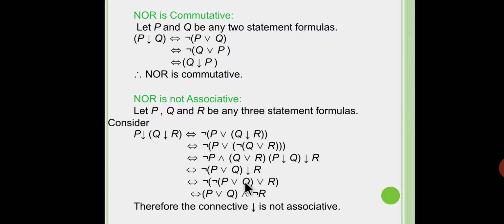We split it like this, negation P or Q, down arrow R. So we get the result P or Q and negation R. So we finally conclude that LHS is not equivalent to RHS. So we conclude that the connective NOR is not associative.